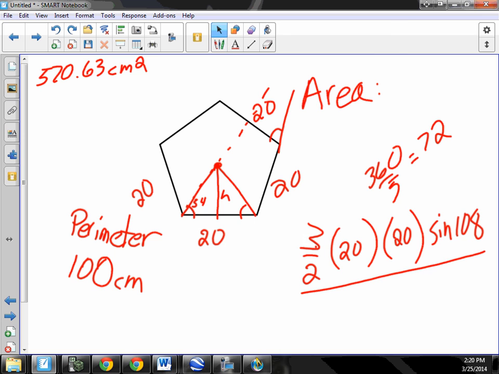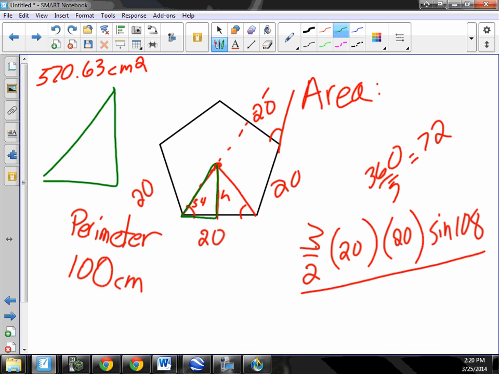Well, this triangle here, let me draw it bigger. I know the angle is 54. I know this is a right angle. The base is 10 because it's half of the side of the pentagon. So if I'm looking for x, this is going to be what kind of problem?